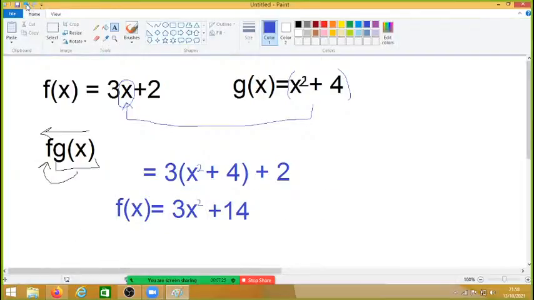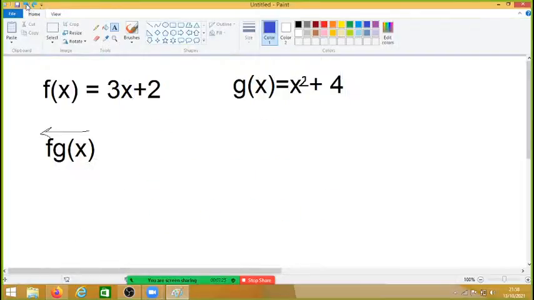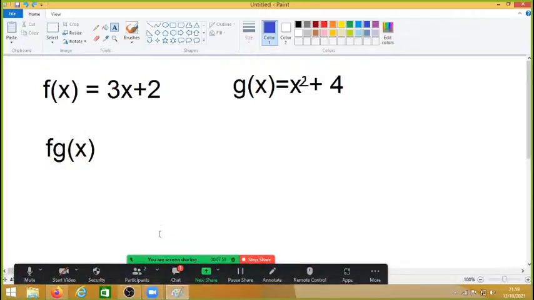So just to repeat, the beginning bit was the really crucial bit. When you're looking at substituting one function into the other, you have to be able to tell which function is going into which function. So if you can just type into the chat window, when it says fg of x, am I best looking from left to right, reading it forward, so f comes first, or am I better to read it backwards, so that if I'm reading it backwards, then the g comes first. I see the g first. Which way is the easier way?